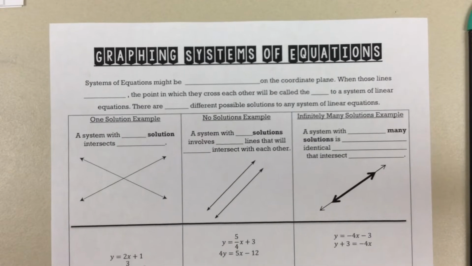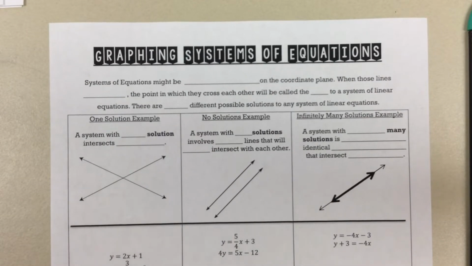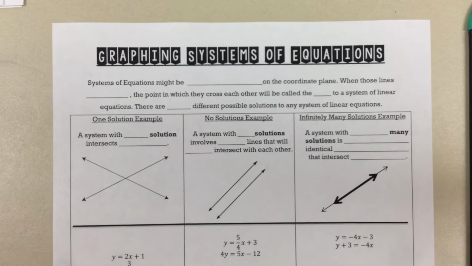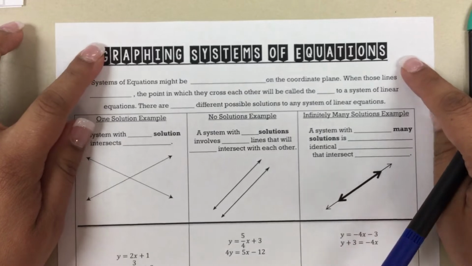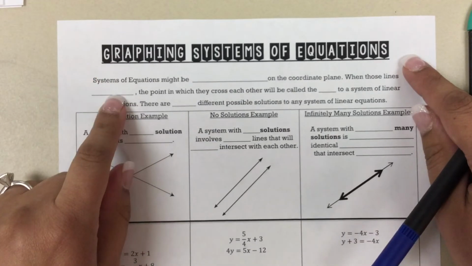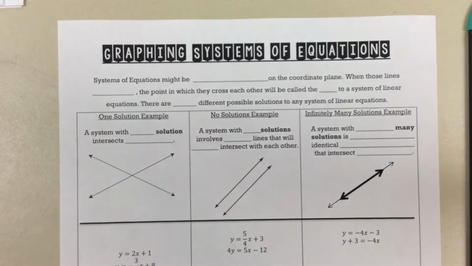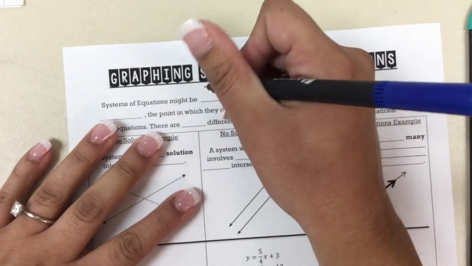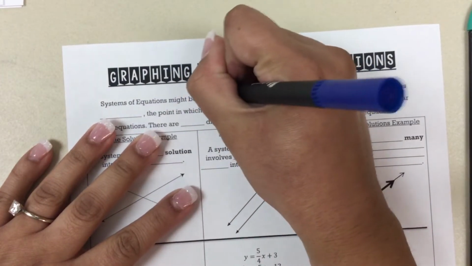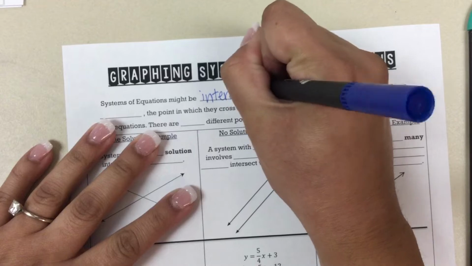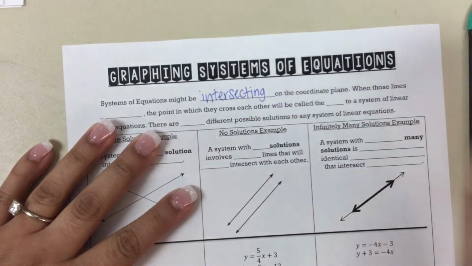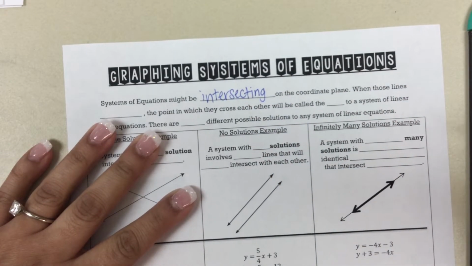Now, a lot of this is going to be very similar to what we talked about yesterday with identifying solutions. So we are going to be graphing systems of equations. Systems of equations might be intersecting on the coordinate plane.